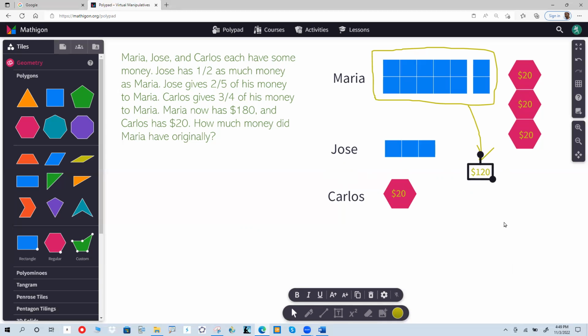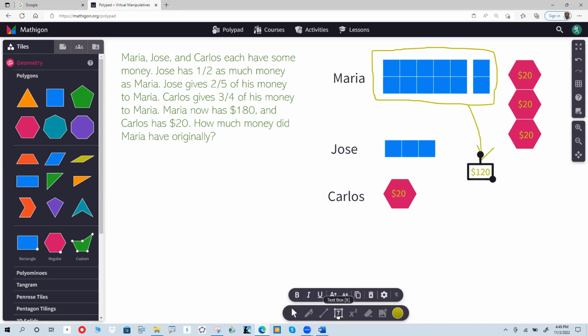Now, Maria has 1, 2, 3, 4, 5, 6, 12 squares. 12 blue squares belonging to Maria represent $120. Take 120 divided by 12, and you get $10 per square.